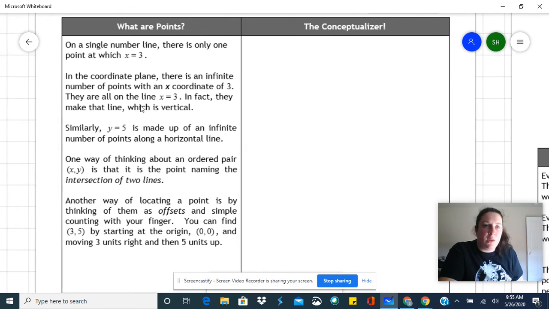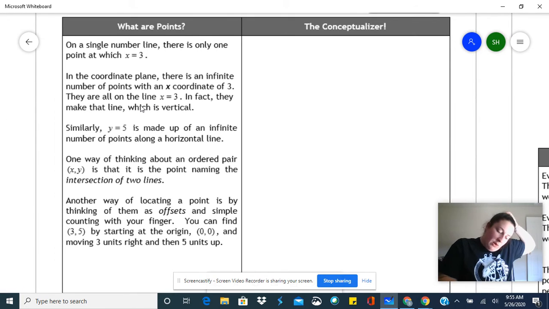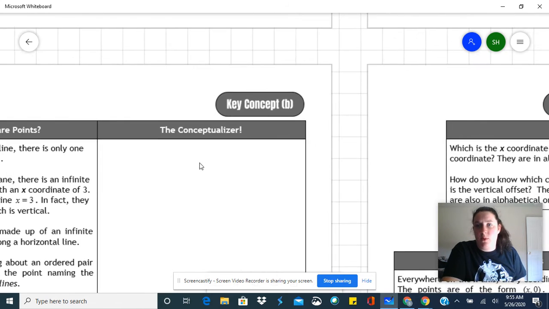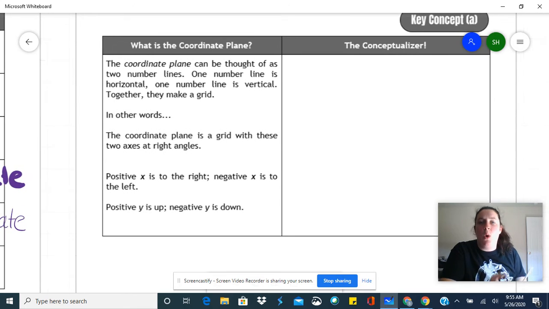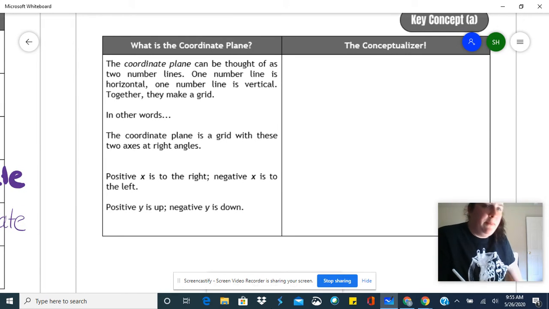So we have what are points, right? So this is the concept. Oh, I think I skipped one. I did. Before we do what are points, we want to do what is the coordinate plane, right?